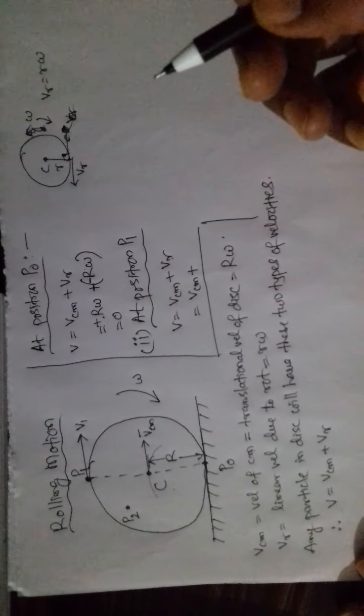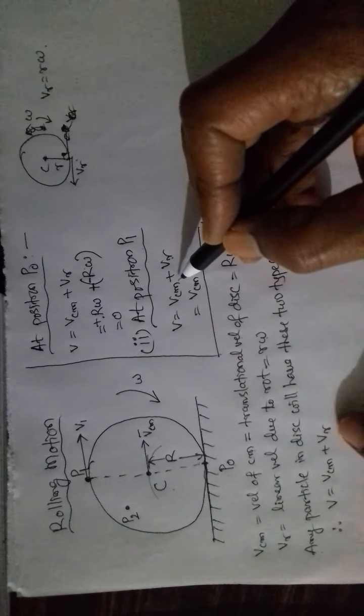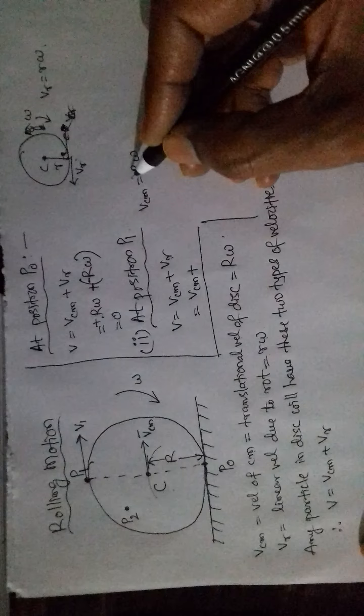VR means R omega. At any place VCM has the same value, R omega, and this is to the right hand side, therefore plus.